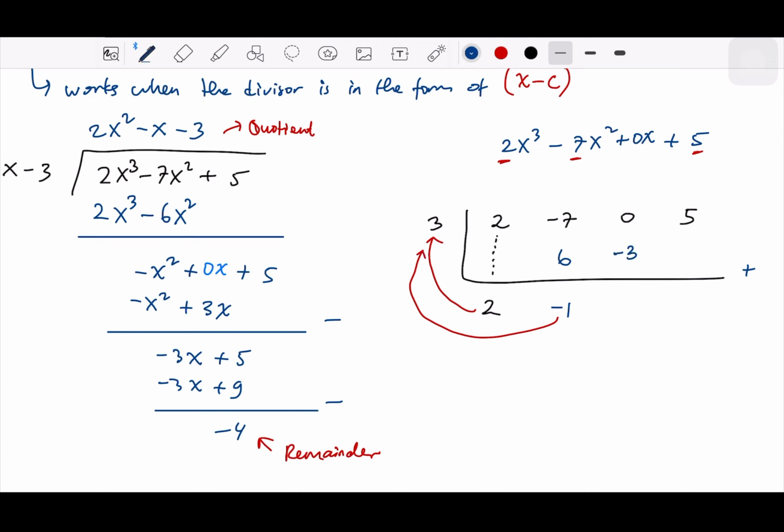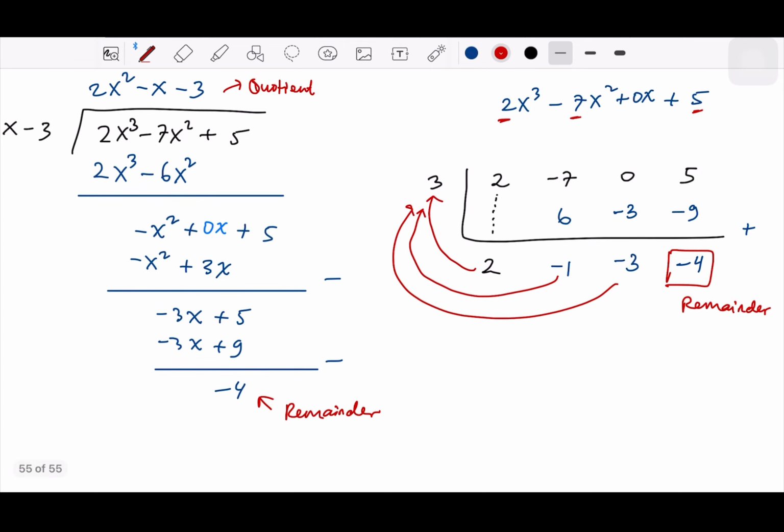We write it here and add. Same thing, we multiply negative 3 with 3, which is negative 9, and it becomes negative 4. Now this is the remainder, and this will be the quotient: 2x squared minus x minus 3.